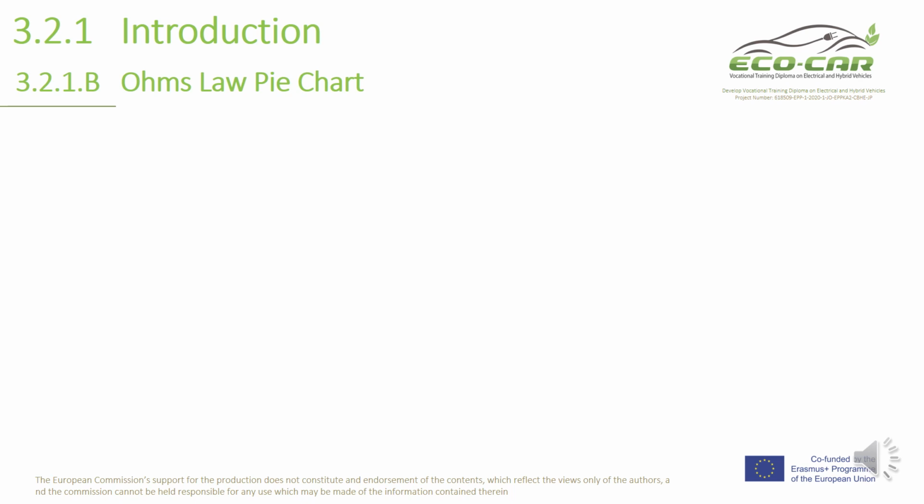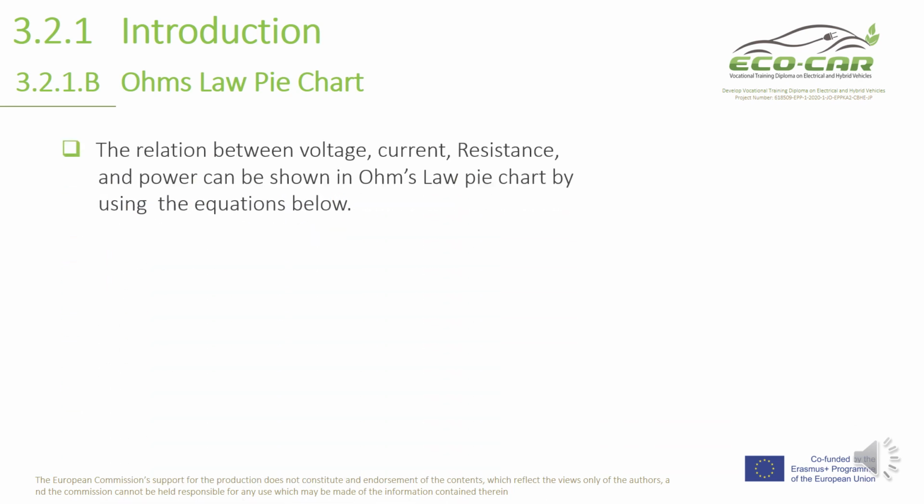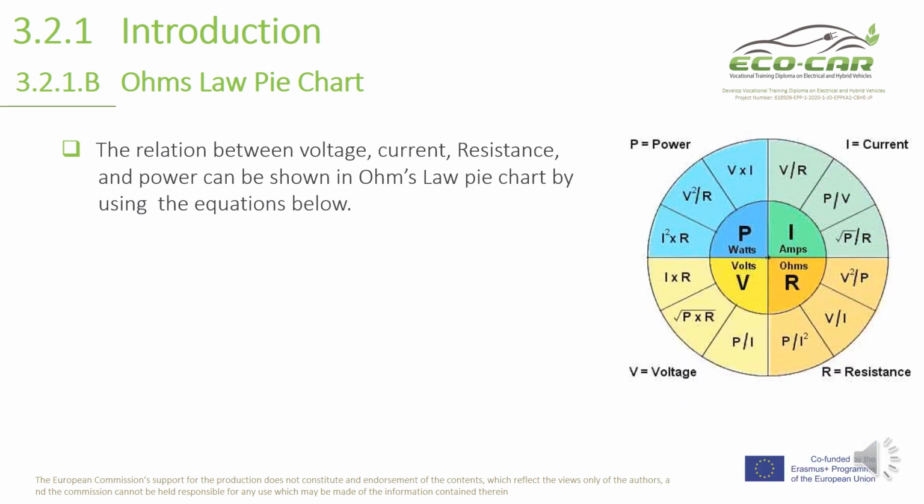Ohm's law pie chart. This pie chart gives us the relation between four items: current, voltage, resistance, and also the power. So this pie chart, by using the equations below, okay, this is the pie chart.